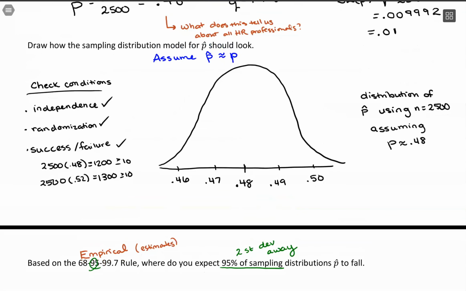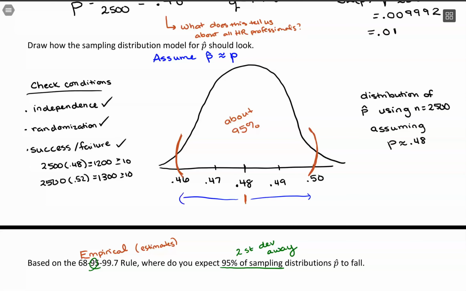So what I'm doing here is if I go 2 standard deviations, or in this case 2 standard errors below 0.48 and 2 standard errors above, that's going to capture about 95% of our sample values. So this is where we can start to see what I was talking about up above of having this kind of starting point and then going above and going below.